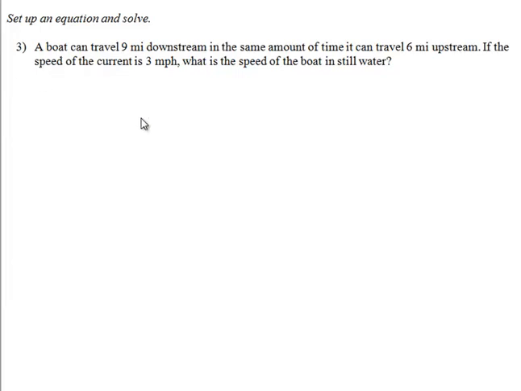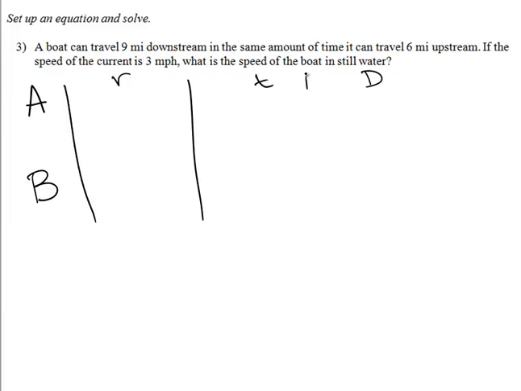So here we go. We have boats going upstream and downstream. So we have boat A, and we have boat B, and we have rate, and we have time, and we have distance. And again, this is when setting up your little charts is a really good idea.